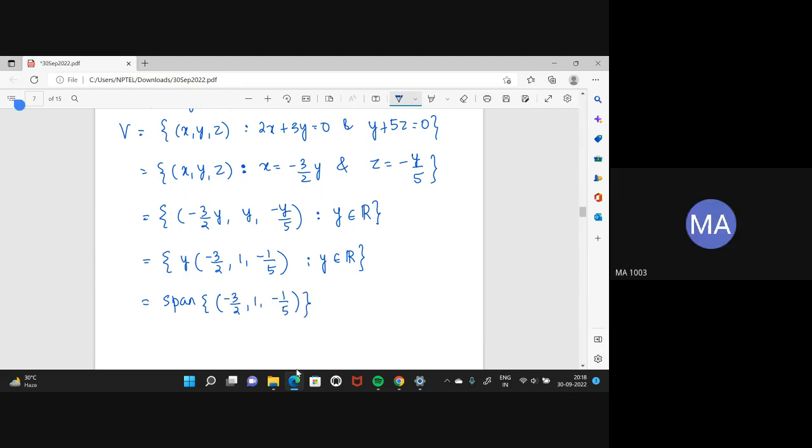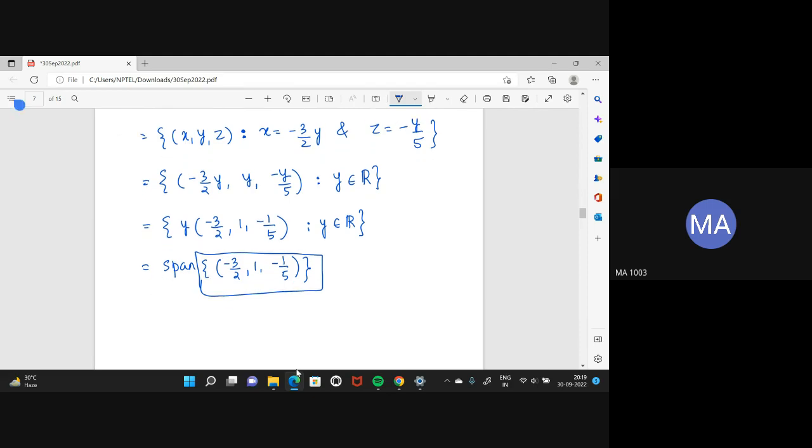Because the span of this set is alpha times this vector, right? And that alpha is y here, right? Now I have found a spanning set for the vector space, right? If this is the minimal spanning set, then this will be a basis. Agree?